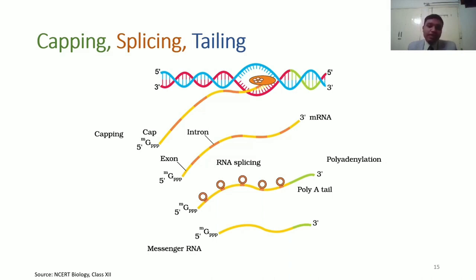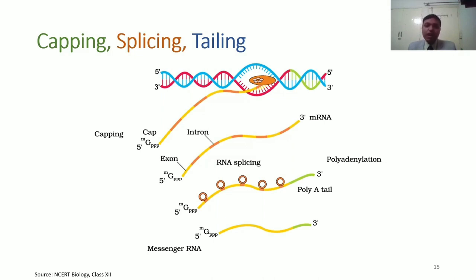In the next step, introns are going to be spliced out by forming spliceosomes. A spliceosome is basically a protein complex that is necessary to cut out the intron regions from the pre-mRNA. And then at the 3' end of the pre-mRNA, polyadenylation is going to occur.